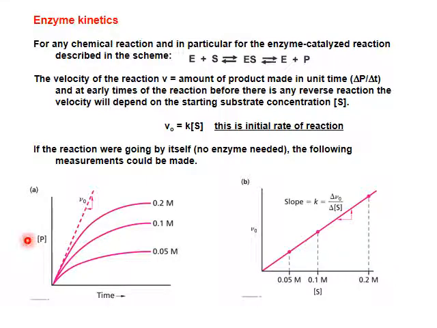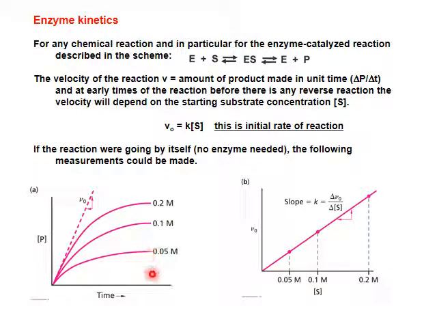So we would start off, say S is equal to 0.5 molar, and the reaction starts, and at time 0 there's no product, and then as the reaction begins, we see these types of curves being generated, that we have an initial linear formation of product, and then it starts to deviate from linearity and kind of levels off over time.